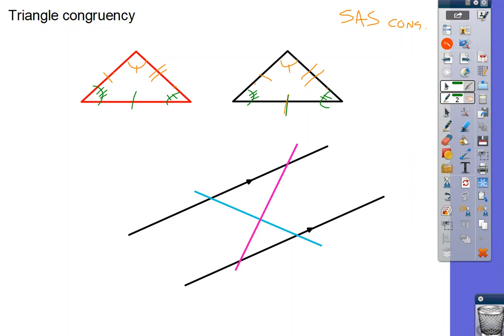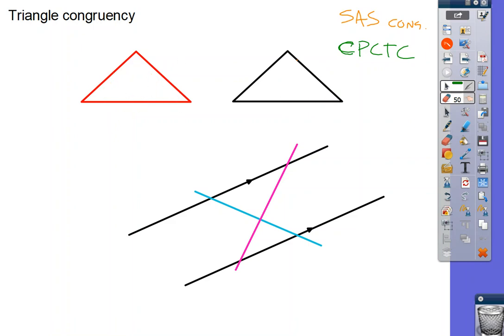And we know that because corresponding parts of congruent triangles are congruent. CPCTC will allow us to say that all pieces of the triangles are congruent. All right, that's a little bonus there. CPCTC.